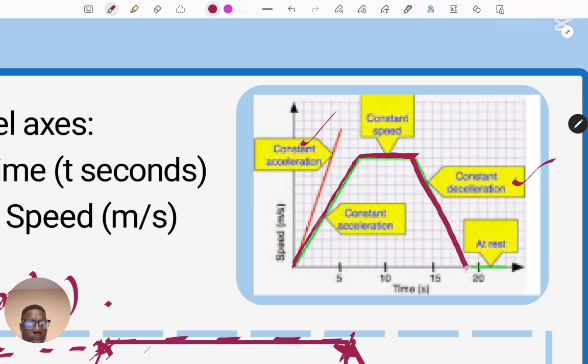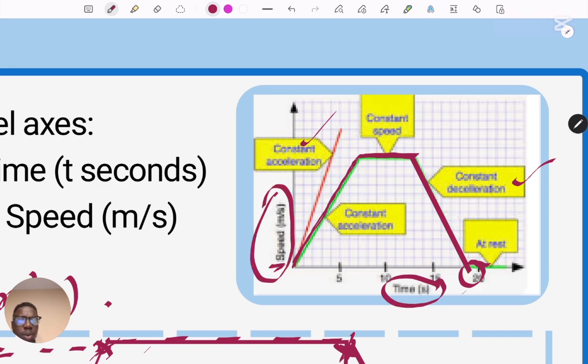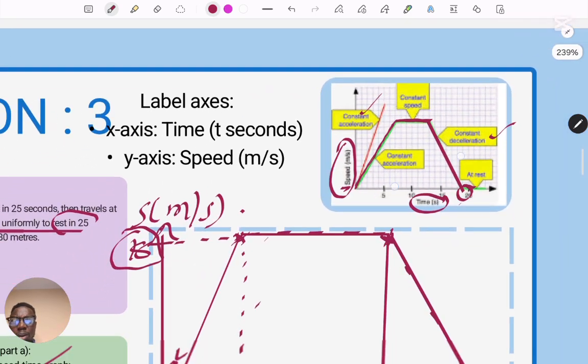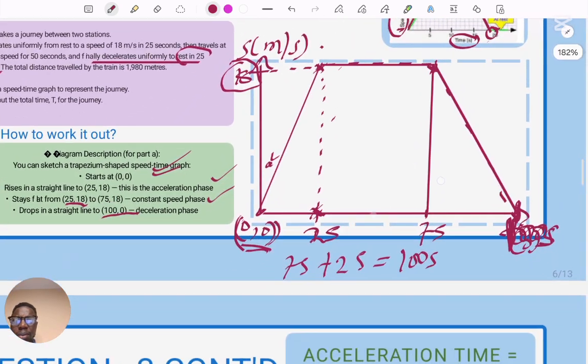It decelerates here consistently. At this point it is already at rest, and it's very, very easy. Then you put your time in seconds and the speed in meters per second, and if you draw it like that, you're going to get your full mark.